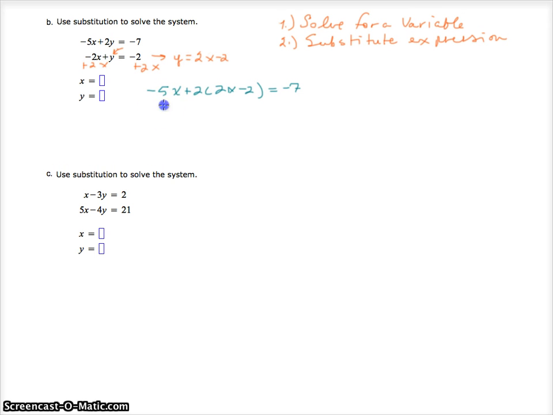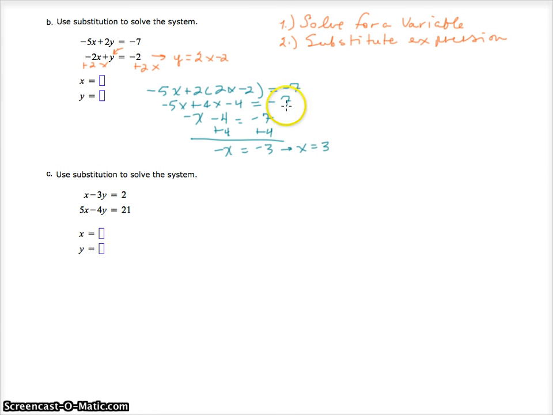So this is negative 5x, distribute, so it's plus 4x minus 4 equals negative 7. Combine my like terms, I get negative x minus 4 equals negative 7, so I add 4 to both sides. Negative x equals negative 3, so x equals 3.